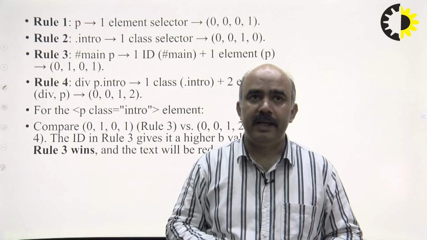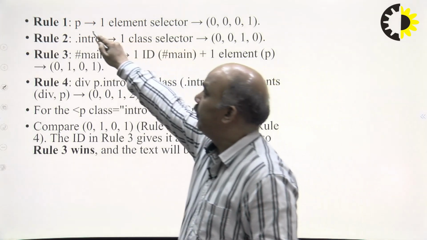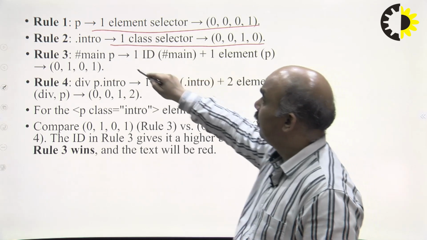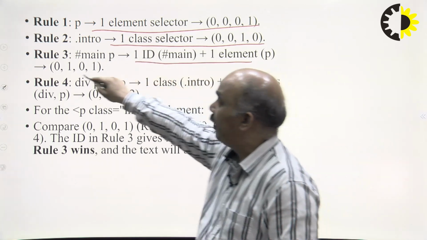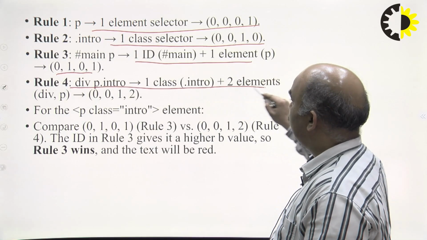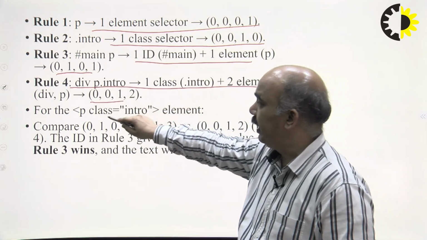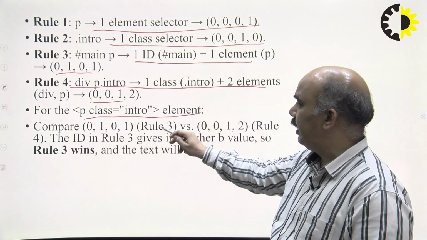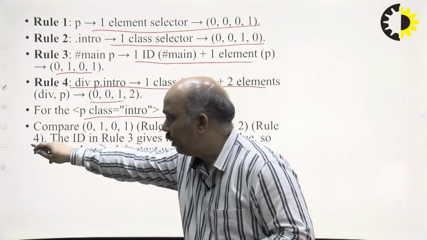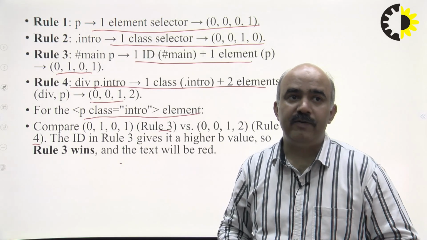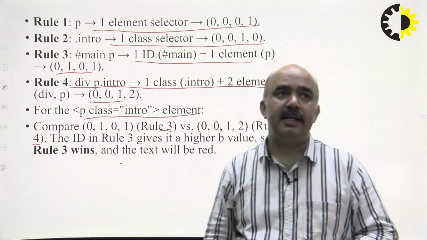For P elements we select this one, for the ID main elements we get this one, and for rule 5 we get this one as well. For the P class introduction elements we compare rules 3 and 4. The ID rule gives the higher B value, so rule 3 wins and the text will be in red color.